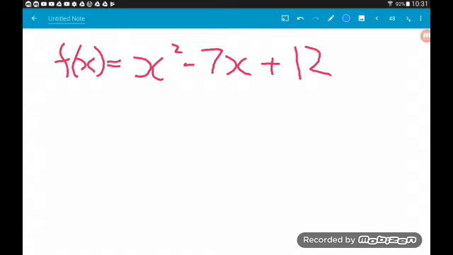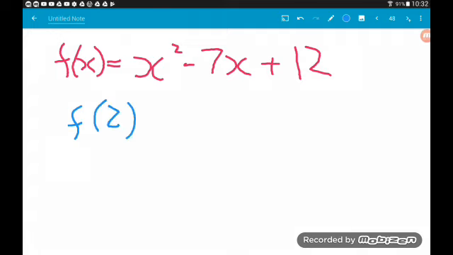We know that when it's in factorised form, the two numbers in the brackets have to multiply together to give us positive 12. So let's say we thought, well, 2 goes into 12. So let's try f of 2.